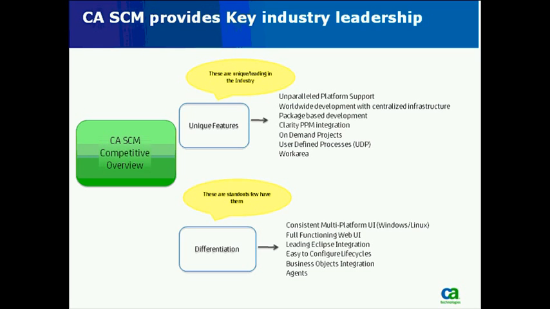The integration with Clarity through the PVAV. We have the on-demand projects, which allow for one-off sprints, that sort of thing. We have the work area that synchronizes between whatever tool you're using and Software Change Manager. That makes it easier to integrate products in different IDEs, if you will.